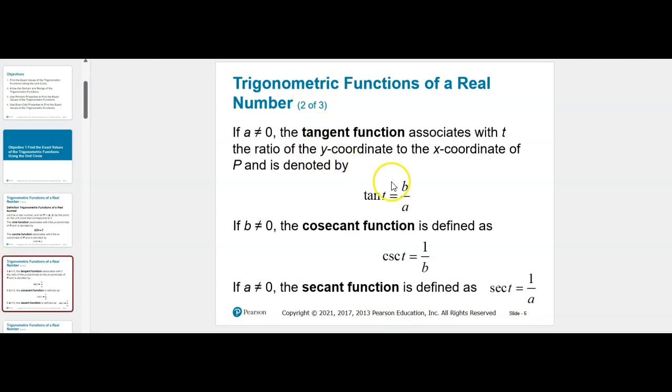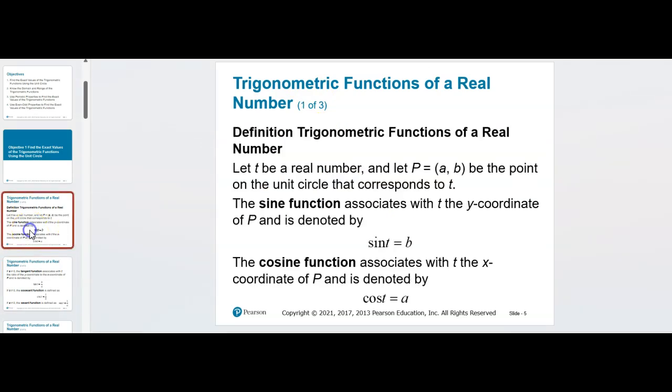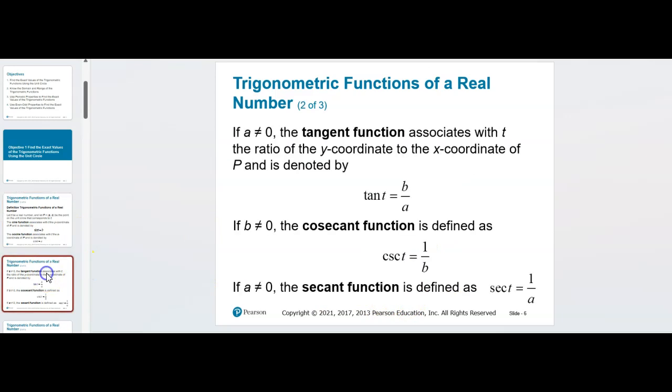The tangent function, b/a, is the y-coordinate divided by the x-coordinate. The y-coordinate was sine, the x-coordinate was cosine, so tangent is sine over cosine again, like we've seen before. Cosecant is 1/b. B was the y-coordinate, so it's 1 over sine, the reciprocal of sine, and the reciprocal of cosine for secant. That's the same thing that we saw in the last section. Again, we're applying it to the unit circle now.